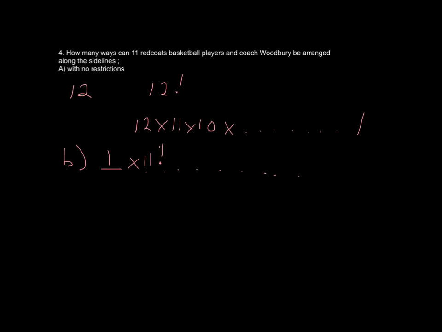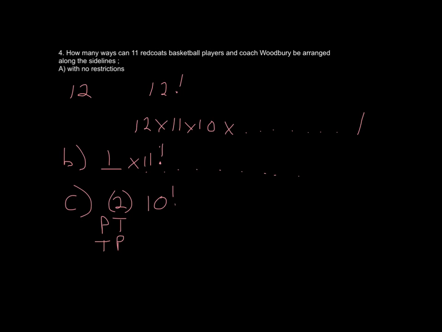If Travis and Pat have to stand together, then again we've got a group of 2 that are contained together. That leaves us with 10 others that have to be arranged. Now also with Travis and Pat, we can put Pat and Travis or Travis and Pat, and those would be different arrangements.